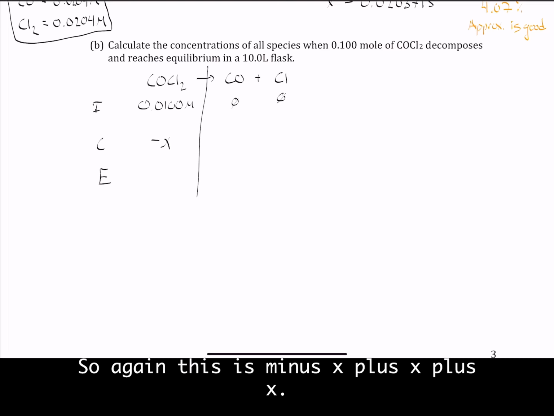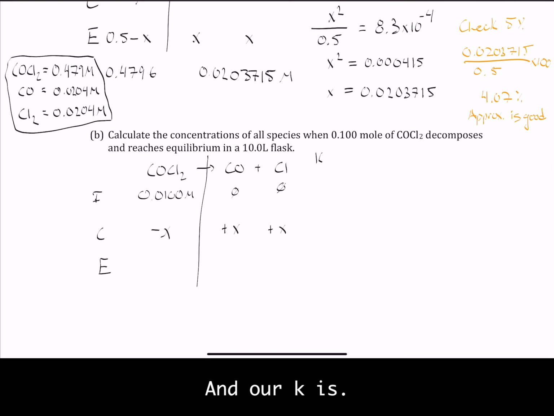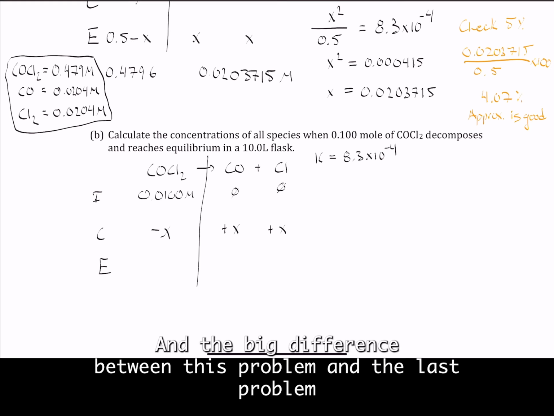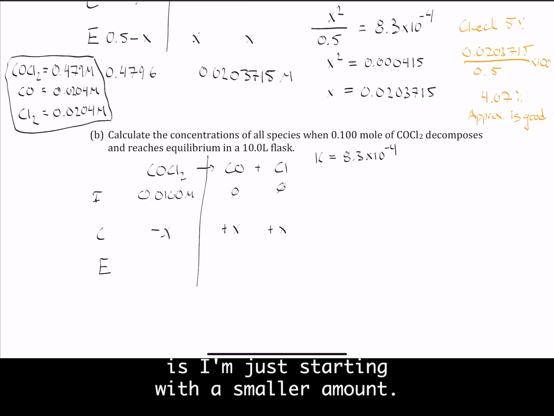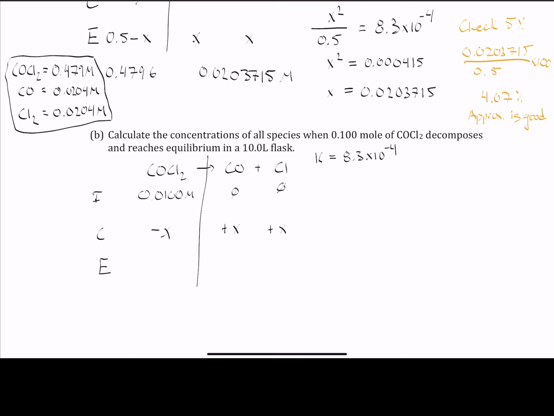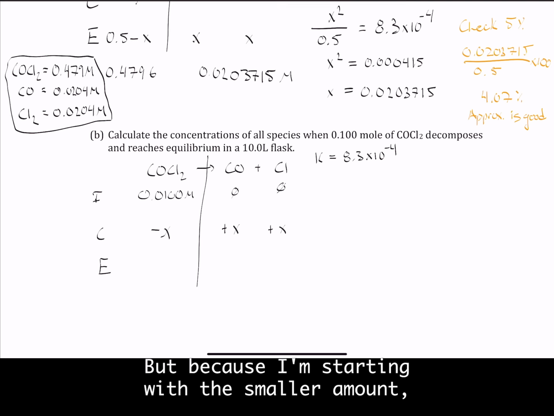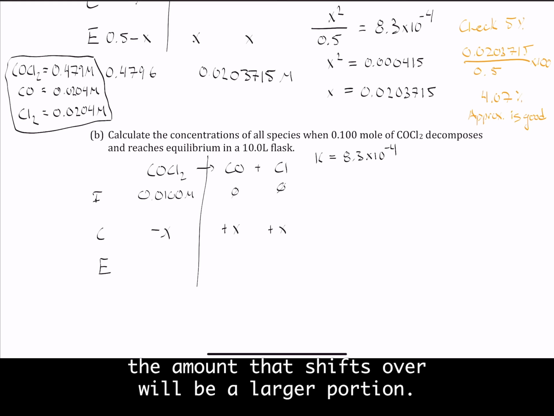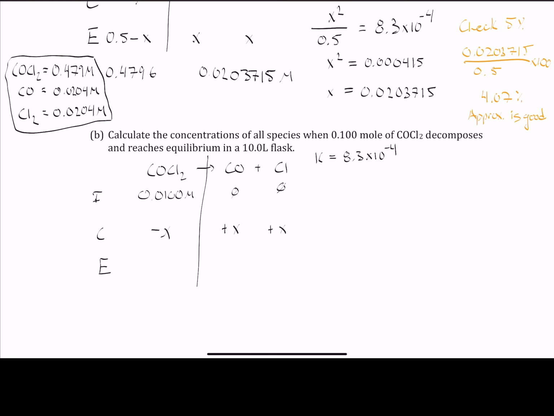So again, this is minus x plus x plus x, and our k is... The big difference between this problem and the last problem is I'm just starting with a smaller amount. But because I'm starting with a smaller amount, the amount that shifts over will be a larger portion.